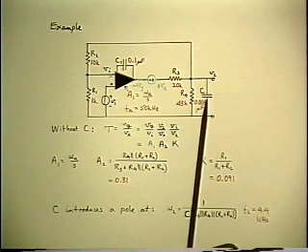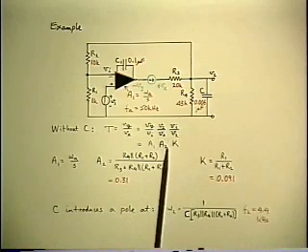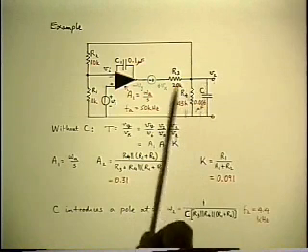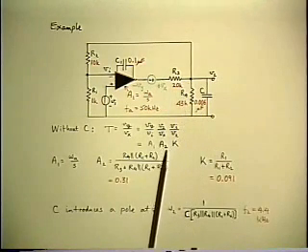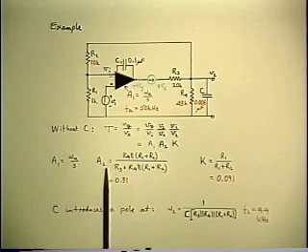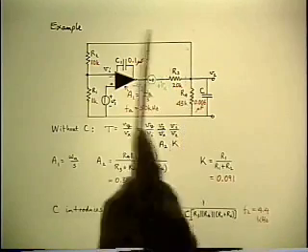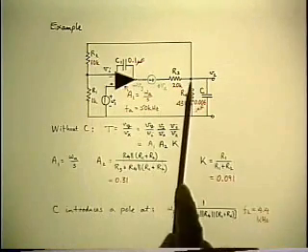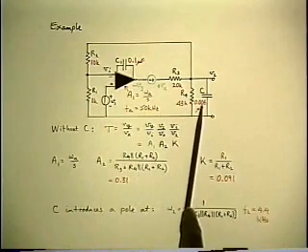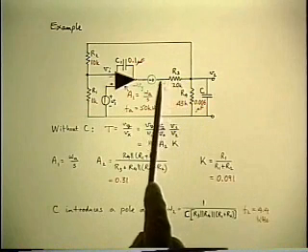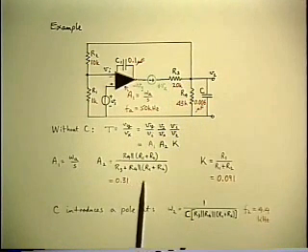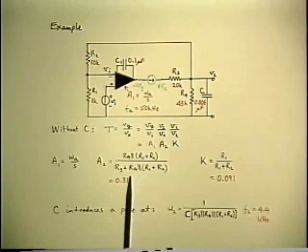So if at first I leave it out, then the factor V2 over Vx is a simple resistive divider, so I'd call it A2. And the A2 is R4 parallel R1 plus R2 is the bottom branch, and the denominator is the same thing plus the top branch, which is the R3, and that factor is 0.31.